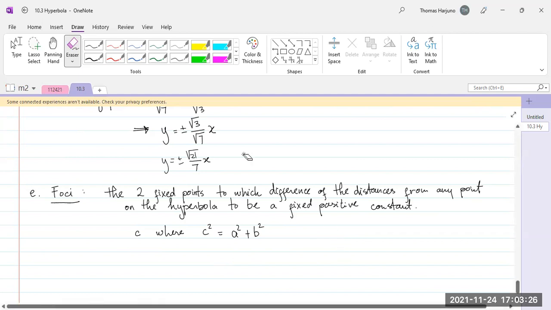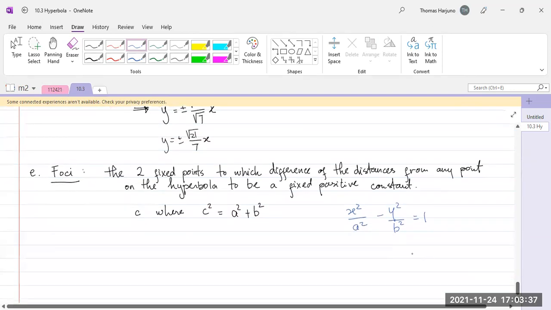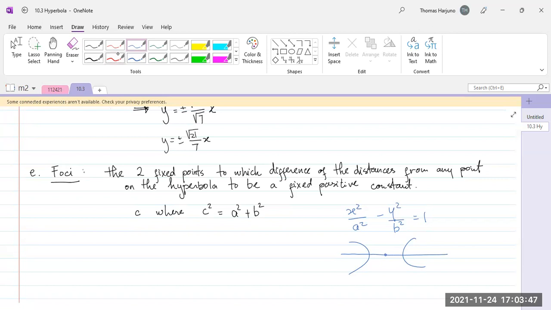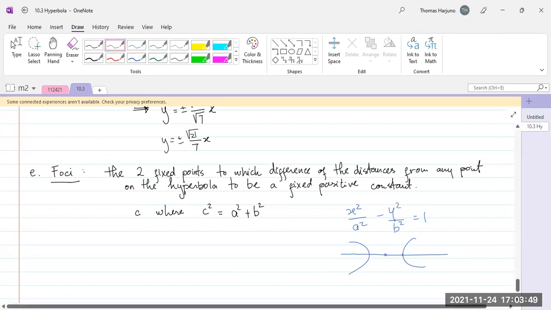Okay, so if we have x squared over a squared minus y squared over b squared equals 1, we know that the hyperbola opens left and right, the center is at the origin, and the transverse axis is the x-axis, right? Then the vertices will be a comma 0 and negative a comma 0. Is it right?